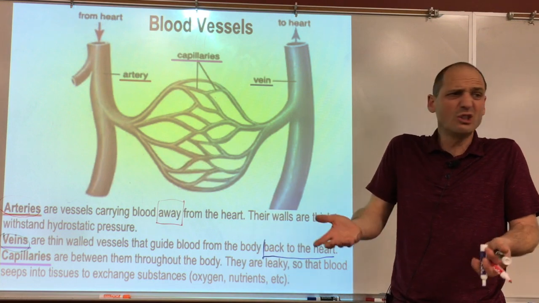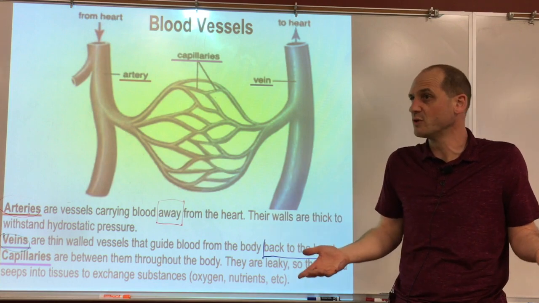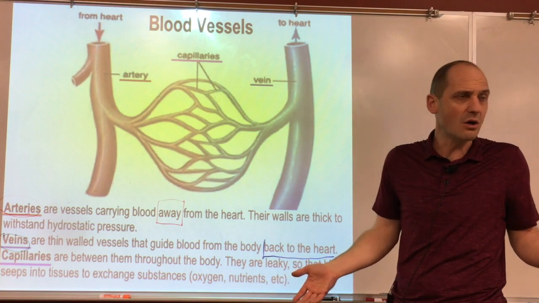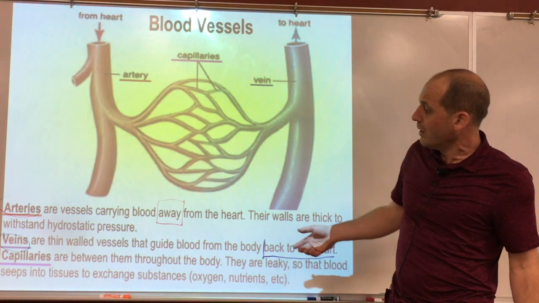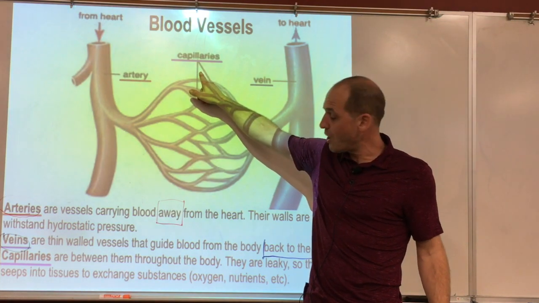But we need the oxygen to go to the cells of the tissue, otherwise it's not going to do any good. Same with the nutrients. If the glucose doesn't get to the muscle cell, it's not going to make ATP. It's not going to make energy. And so for that we have capillaries, and because of that, capillaries are leaky.